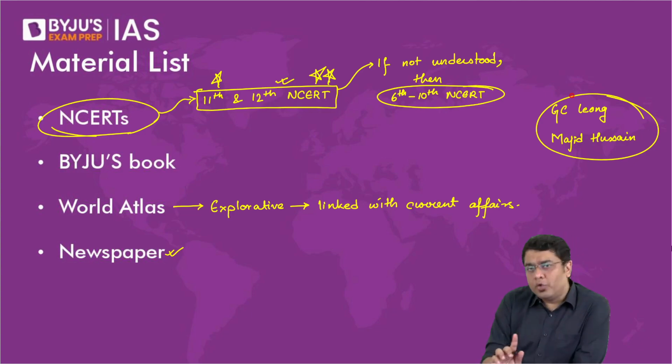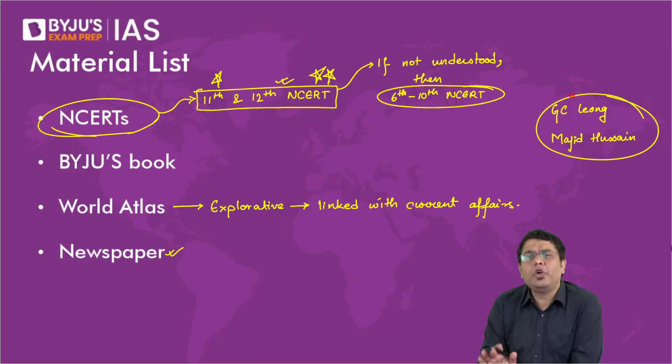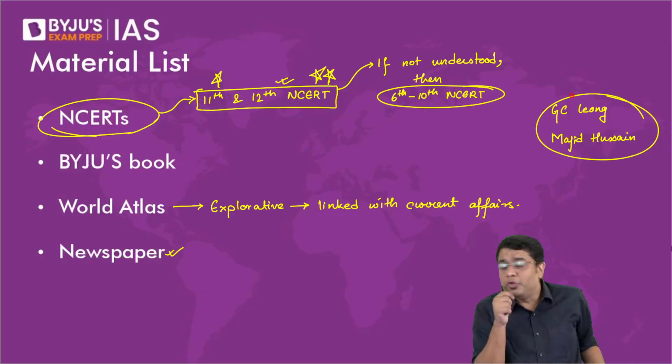G.C. Leong is only there for the portion of physical geography. And even for the portion of physical geography, it is not required to be studied because this has not been written keeping UPSC in mind. Please understand that. Only one particular chapter about the climatic classification of the world is given well in G.C. Leong, but for that you don't need to read the entire book.